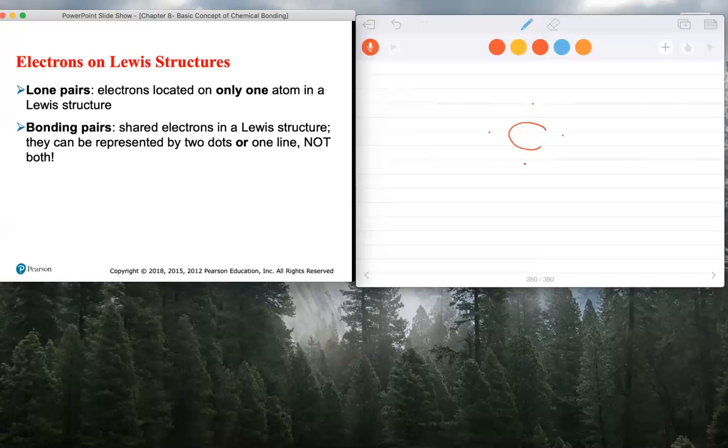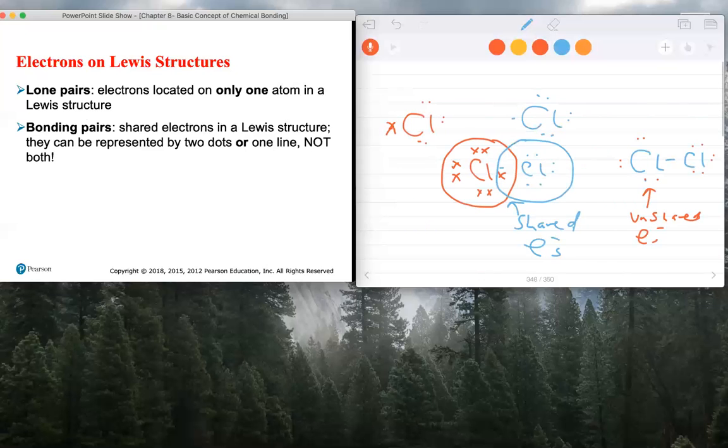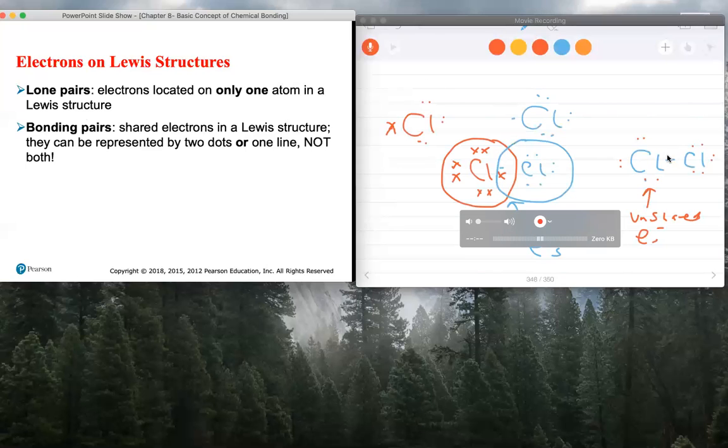Having said that, we have two classes of electrons: the lone pairs and the bonding pairs. Here, on my whiteboard, these are the bonding pairs.